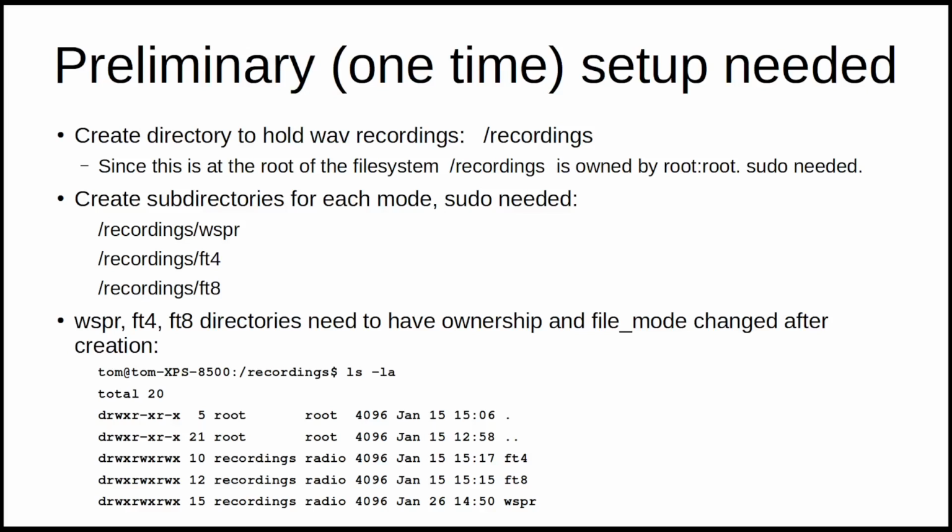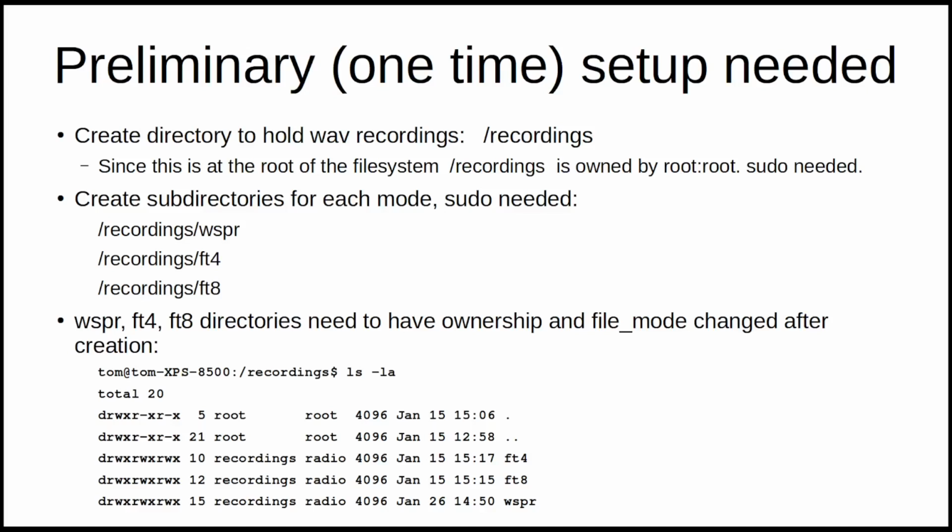You'll also need to create subdirectories for each mode, again using sudo. In the /recordings directory, you'll need to create WSPR and also FT4 and FT8. Those three subdirectories need to have the ownership and file mode changed after creation.